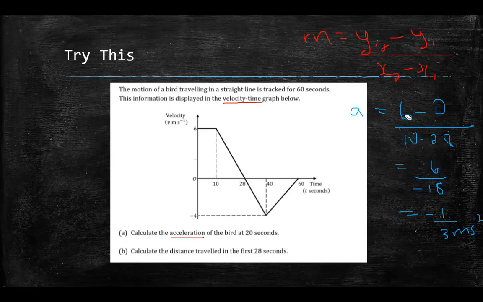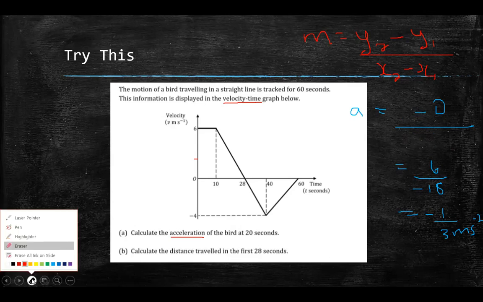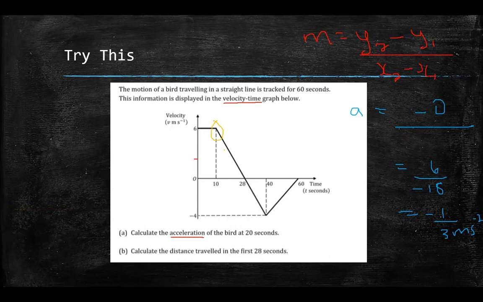Wait, yeah, not 6. Miss, I could use 10 and 40 for the x2 minus x1, like 40 minus 10. That could be used also. I was actually going to show you that just now. Then it can be used. Okay, miss. Yeah, I can.